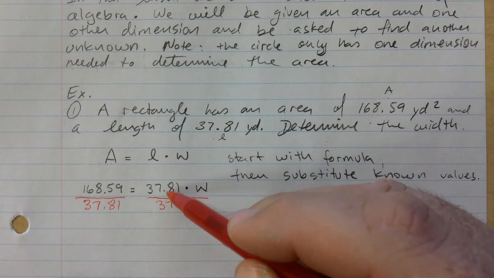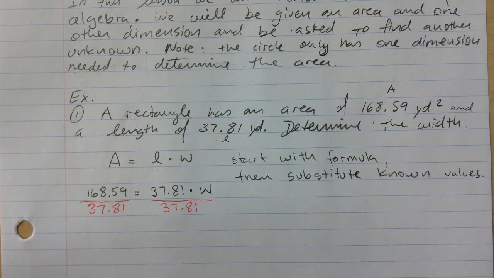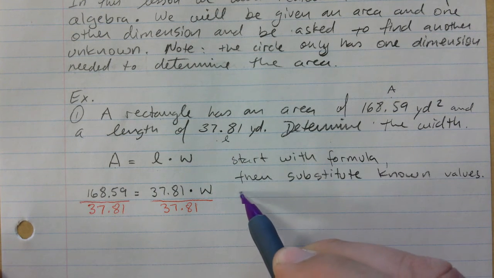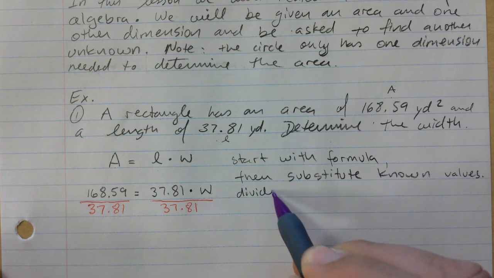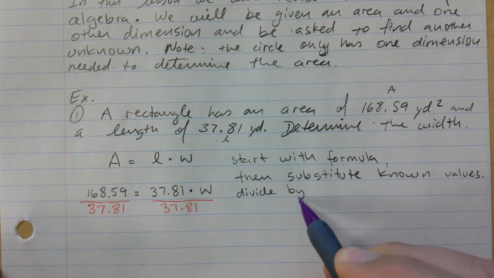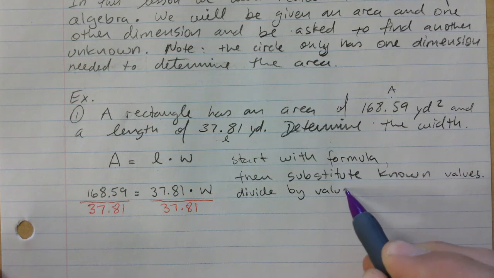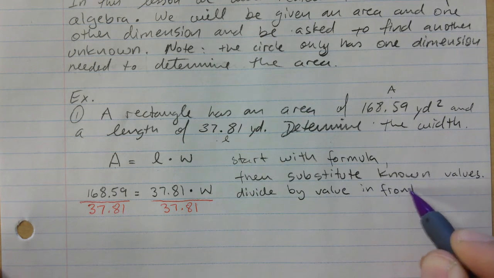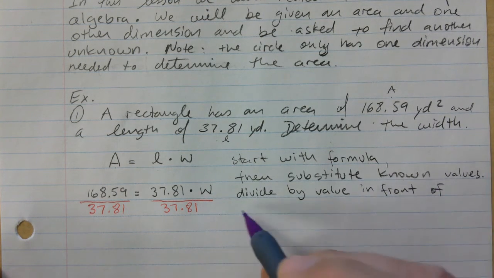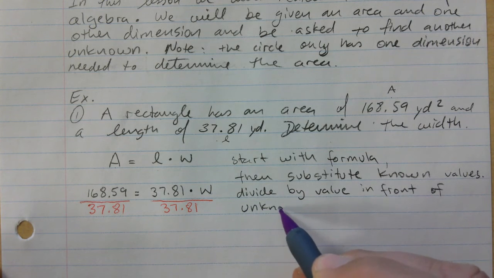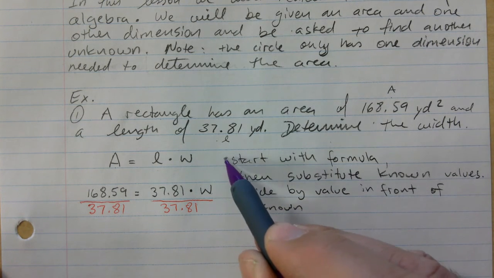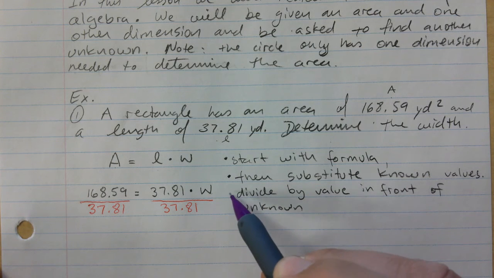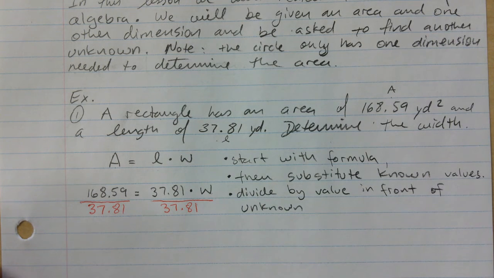Now we're going to cancel out, right? So we will say divide by value in front of unknown. So this is always like, right, this, then this, okay?